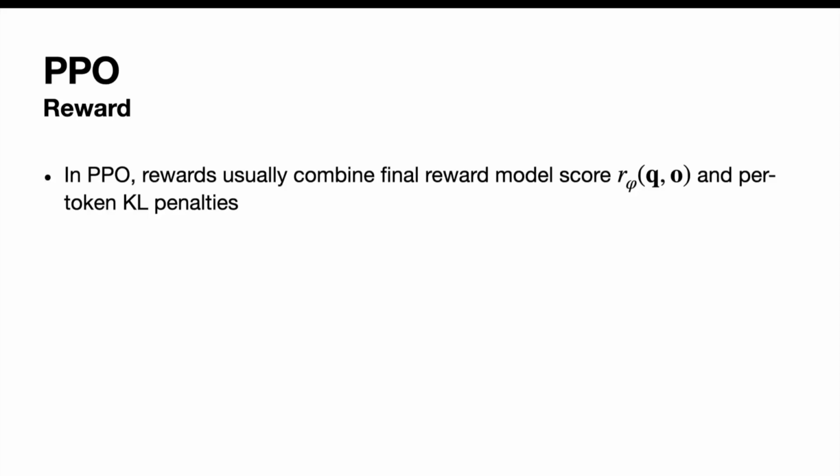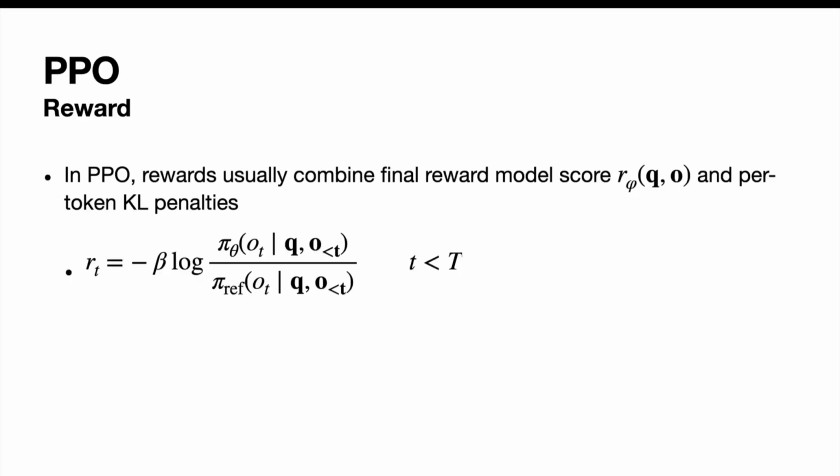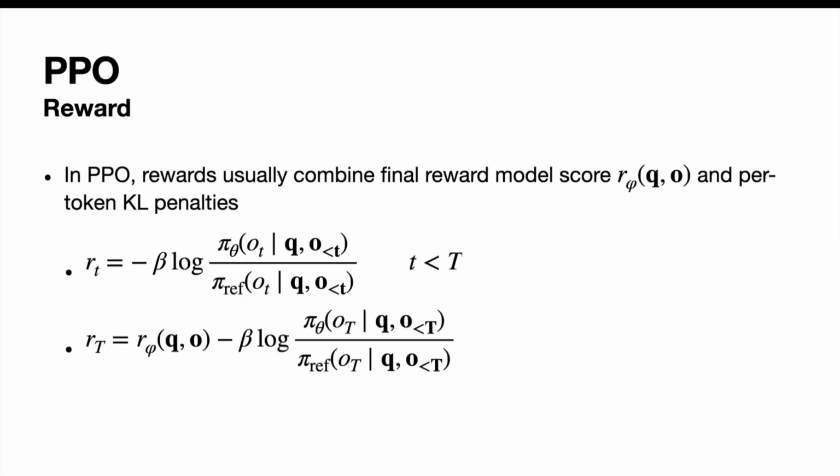Since the reward model score is only available for the complete answer, we add it at the final token. For all tokens before the last token, the step reward is just minus beta times the per token KL estimate. For the final token, the reward is the reward model score for the full answer minus beta times the per token KL estimate on the last token.